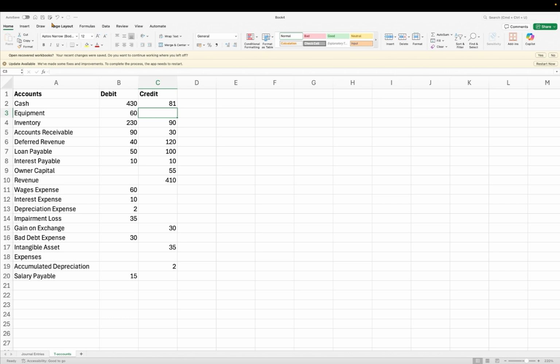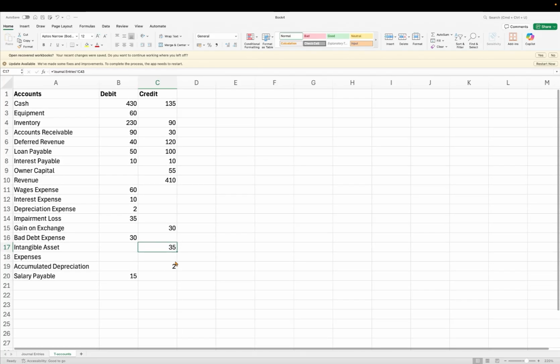Wait, I'm adding to this 15, 135. Yeah, that's right. So after recording all transactions and adjustments, all journal entries have been posted to the ledger, and accounting records for the period are completed.